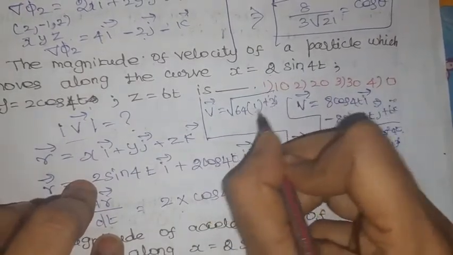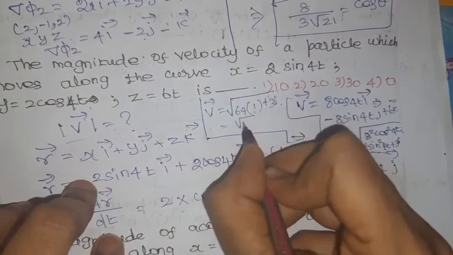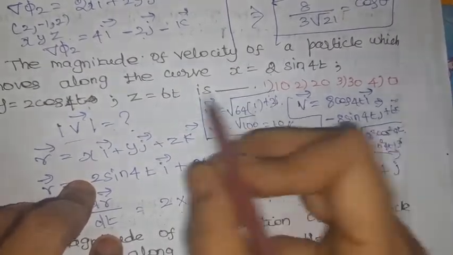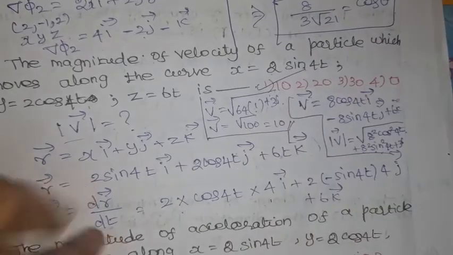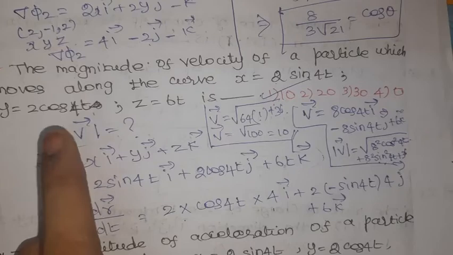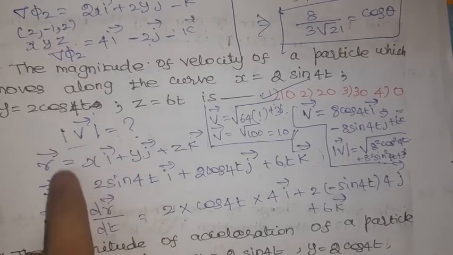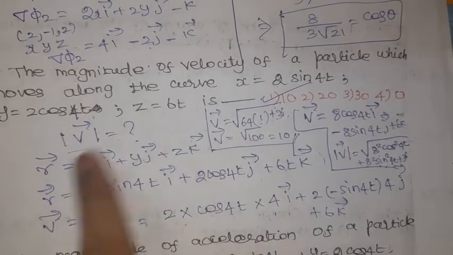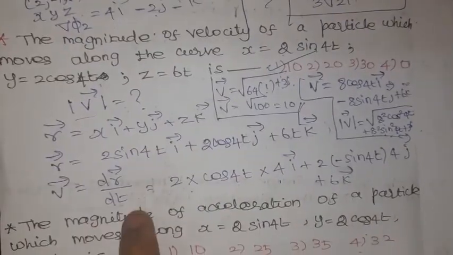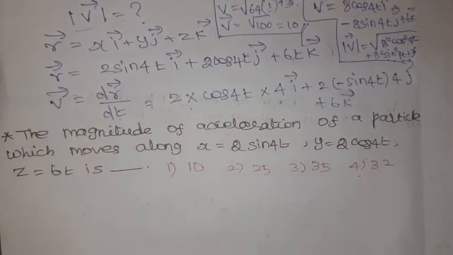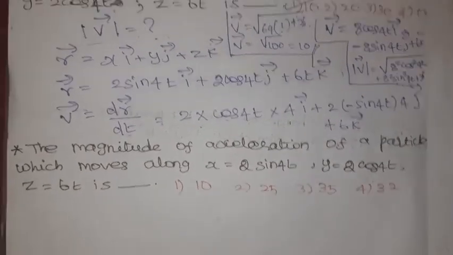So 64 plus 36 is square root of 100, which is 10. So velocity is 10. Answer 10. Magnitude of velocity means we need to find modulus v: from the given data form the position vector, then differentiate with respect to t, then find the magnitude value. Simple.